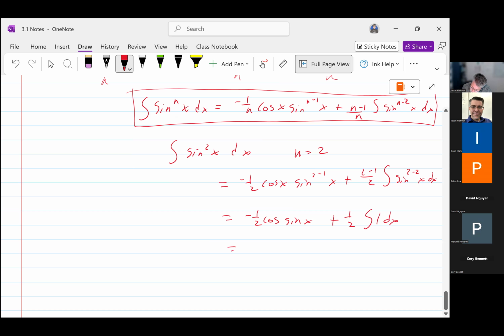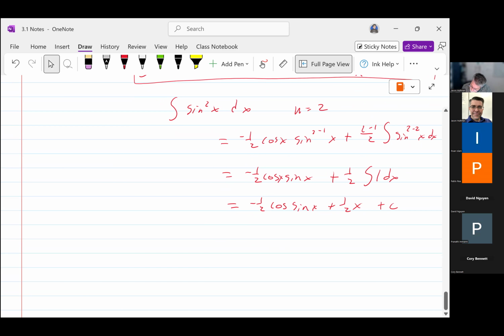And so this is equal to negative 1/2 cosine x sine x plus 1/2 times the integral of 1, but that's just x, plus c. And so I can factor out the 1/2.